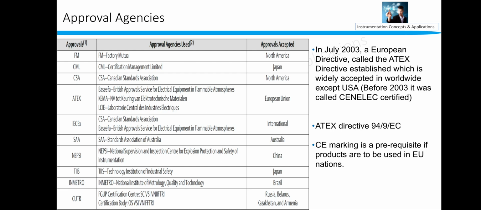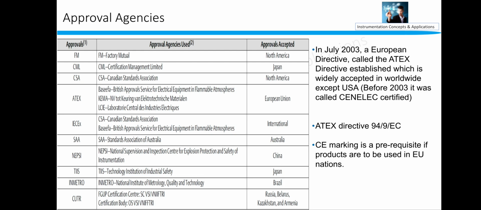In July 2003, a European directive called the ATEX directive was established, which is widely accepted worldwide except in the USA. Before 2003, it was called CENELEC certified. So if you see CENELEC mentioned anywhere, nowadays CENELEC is not used; it has been renamed and rebranded as ATEX.